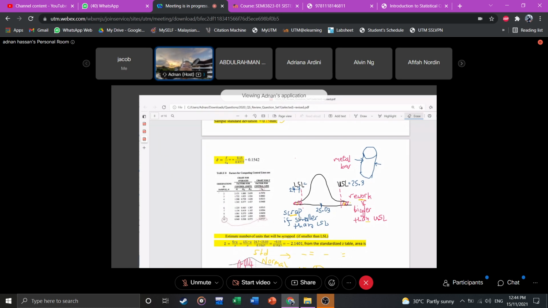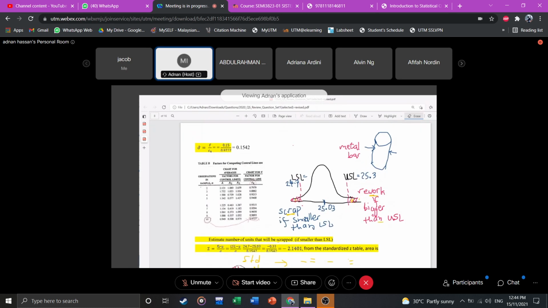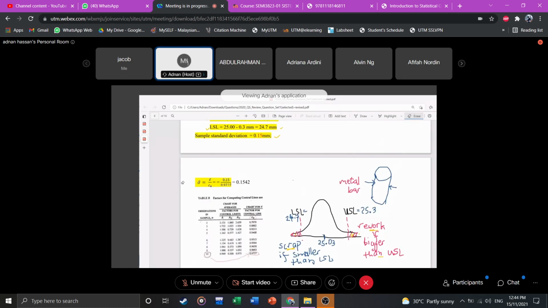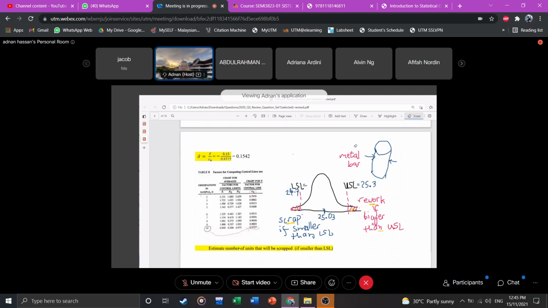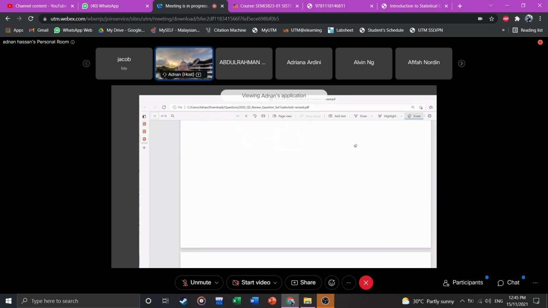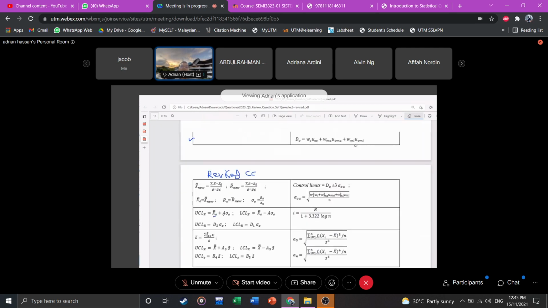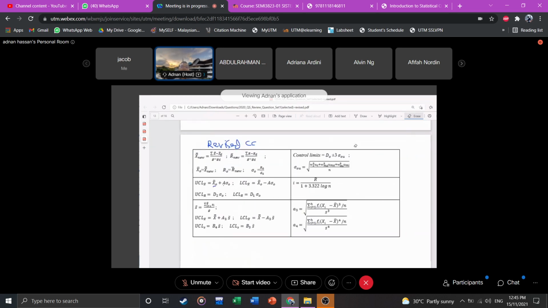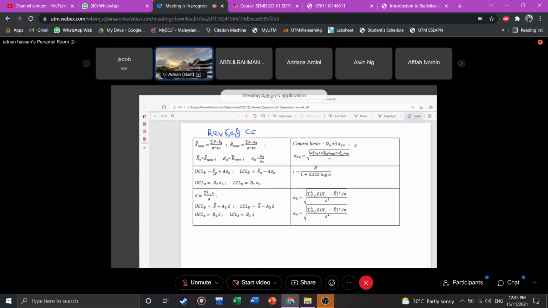Okay, make sure that when you use the sigma, you can use this formula sheet. We also give you several choices for getting that value.